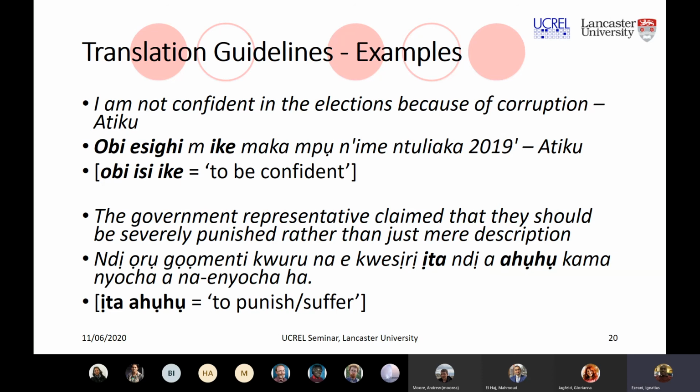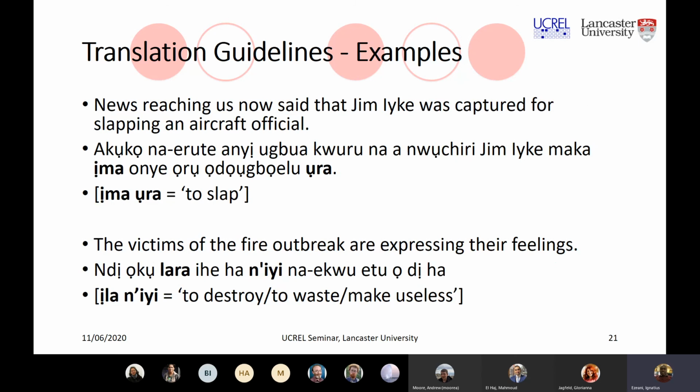All right. So again, you can see a number of other examples, which I don't think I will go through. The point I'm trying to make there is that, for instance, the first one, the concept of being confident, will span across multiple words. So it's like multi-word expressions where some of the things in between do not actually contribute to the meaning itself. So we needed to build all these translation guidelines for our translators to work with.